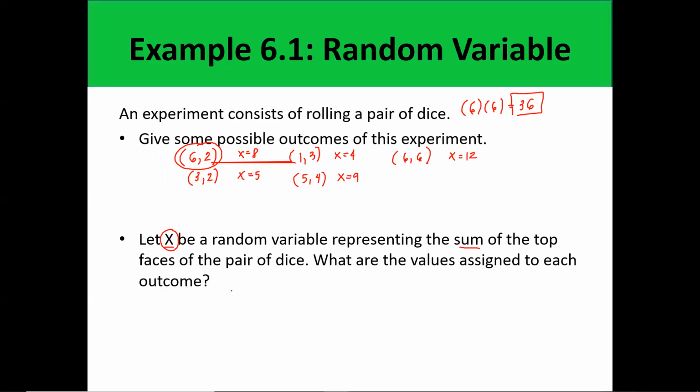So that means the random variable will run from 2 up to 12. These are the only possible values of the random variable x. So it cannot be x equals 1, it cannot be x equals 0, or it cannot be x equals 13. So it should only be from 2 up to 12.